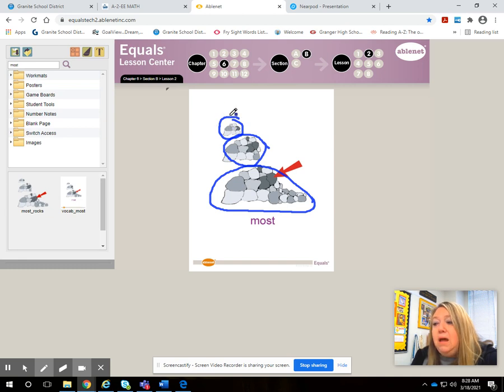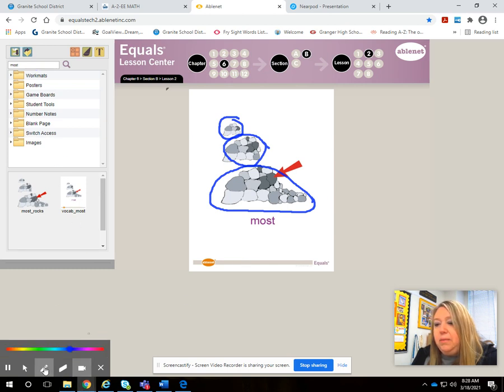Okay. And so when we talk about order and putting things in order from least to most or from most to least, it's doing just this. They've put this in order. So if I put this in order from least to most, the one with the least would be right here.